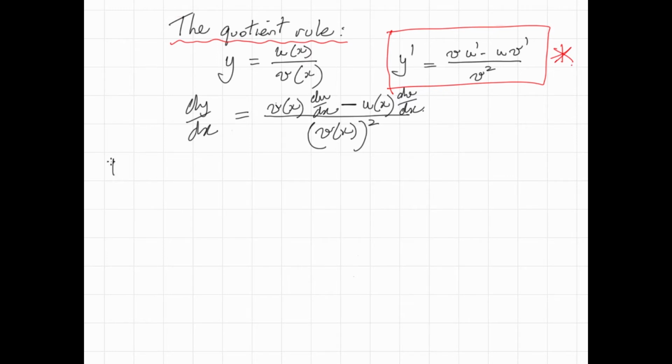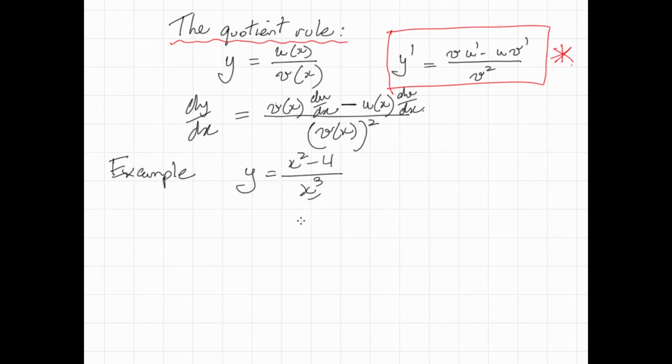So let's have a look at an example. We've got y equals x squared minus 4 over x cubed. Now, there's actually three ways to do this, but it's pretty obvious that we've got a function divided by another function, and that's the key thing to look for.